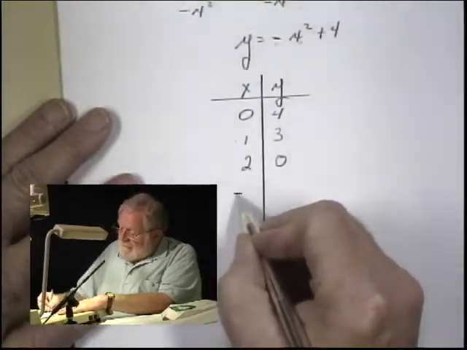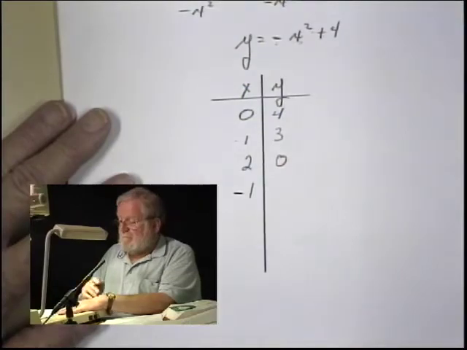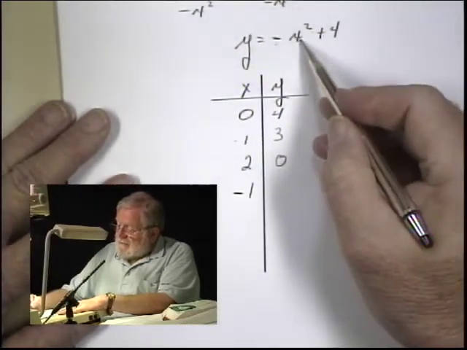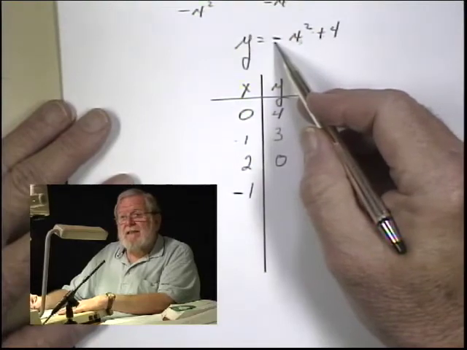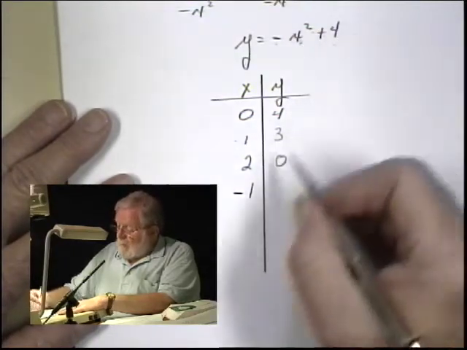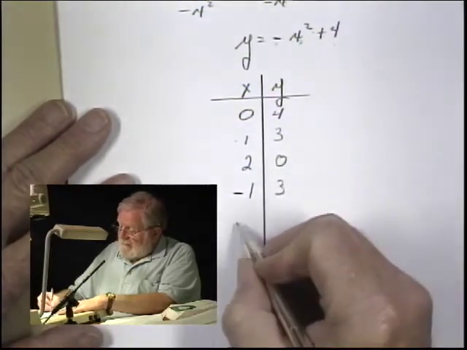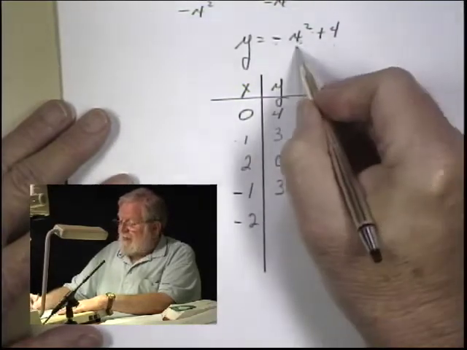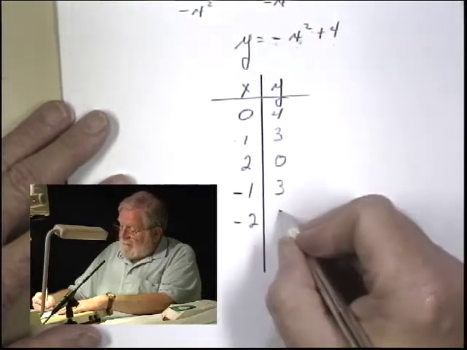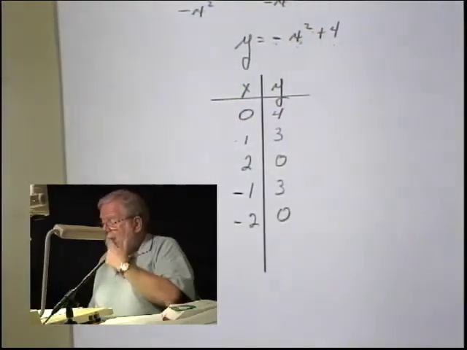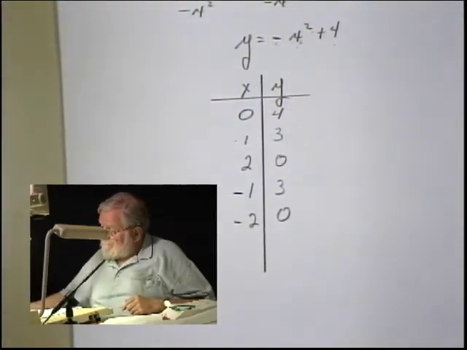Now let's do a negative 1. A negative 1 squared is 1, minus 1 plus 4 is 3. And a minus 2 squared is 4, minus 4 plus 4 is 0. Now let's graph this.